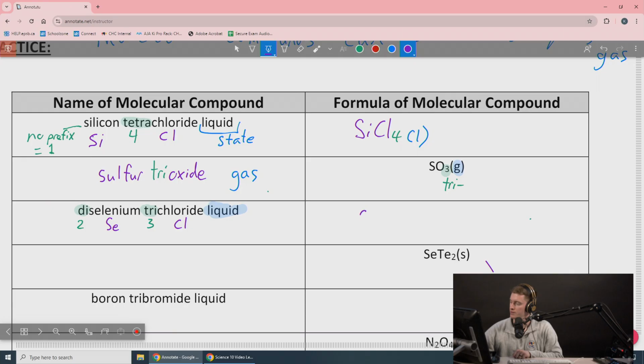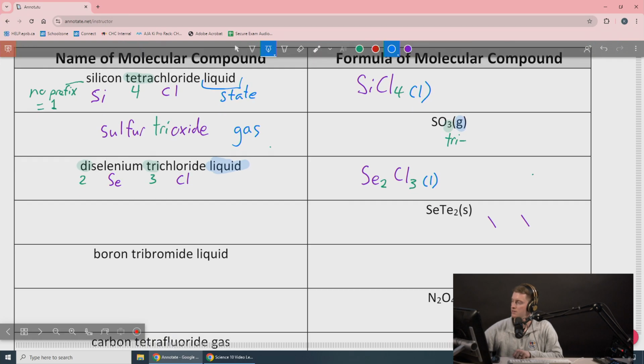So this formula is going to be Se, it's di, so we have 2 of those. Cl, 3. It's tri, so we have 3 of those. And it's a liquid, so we can put the L in the brackets to indicate our state.